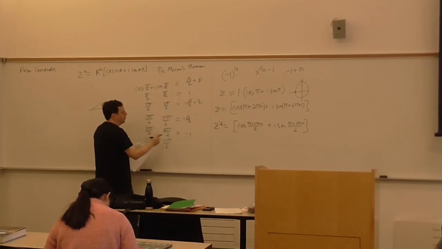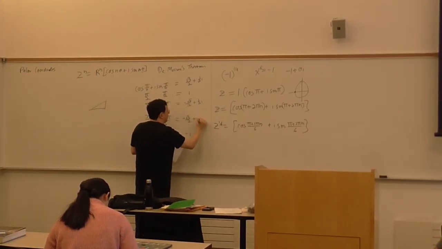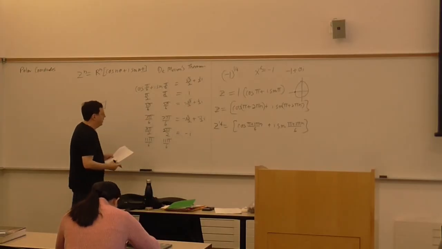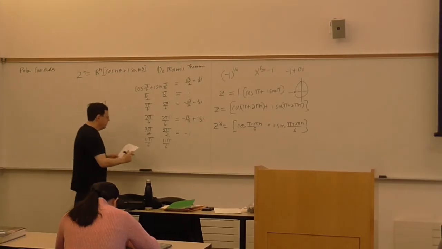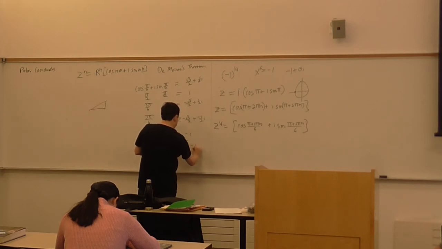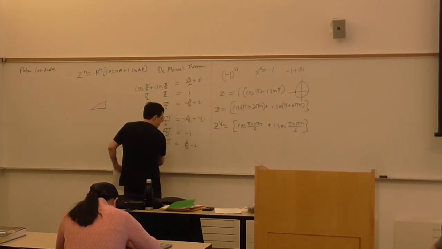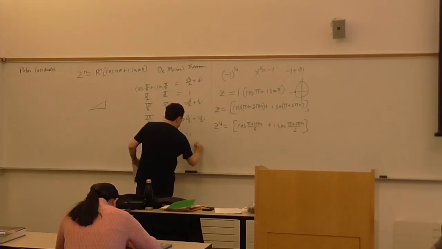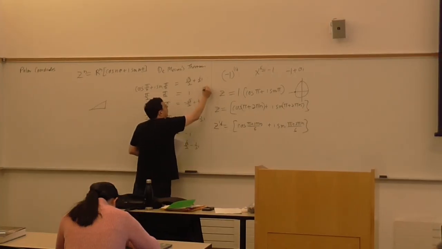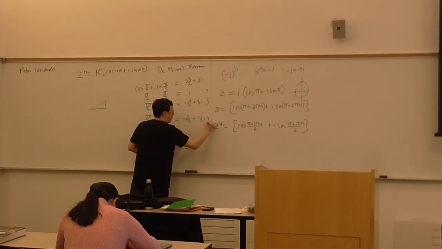These all have the same reference angle, right? So all these numbers are going to be the same. And finally, square root of 3 over 2 minus 1/2 i. Okay. So we got 1, 2, 3, 4, 5, 6.